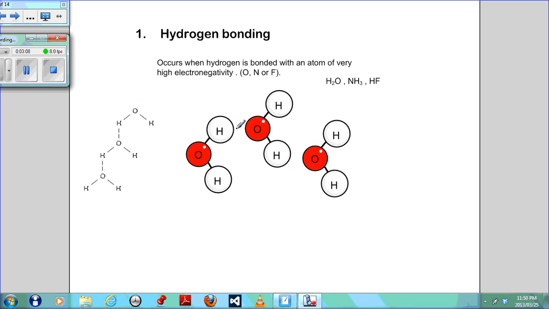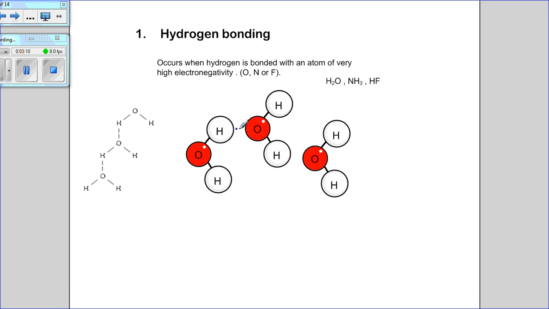So in this case, we see that we have hydrogen bonding taking place between the hydrogen and the oxygen, and those are the forces that are between the molecules, intermolecular and not intramolecular, as we said previously. So hydrogen bonding is the strongest intermolecular force, and we can see this diagram here as well, where the hydrogen bonding occurs there and there.